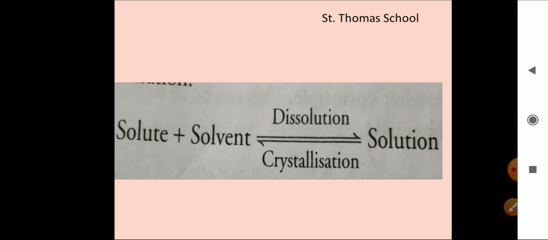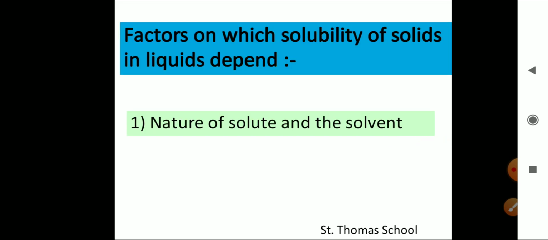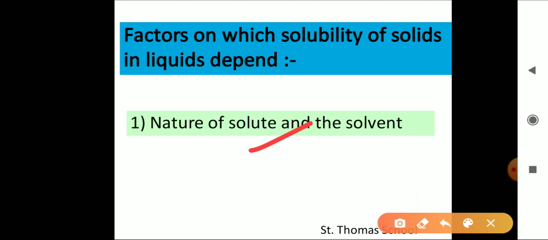Now, we will see the factors on which solubility of solids in liquid depends. Okay, so these are the factors on which solubility of solid in liquid depends. That is, first we will see nature of solute and the solvent. What is nature of solute and the solvent?